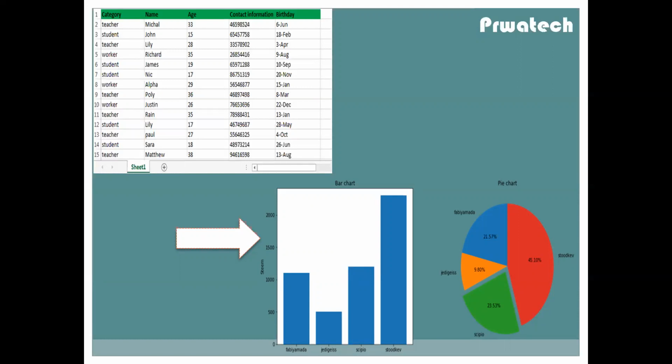In a pie chart, you can see how many parts certain things are divided into. And in a graph, whether it's a bar or histogram, you can see what percentage one thing has compared to the other.